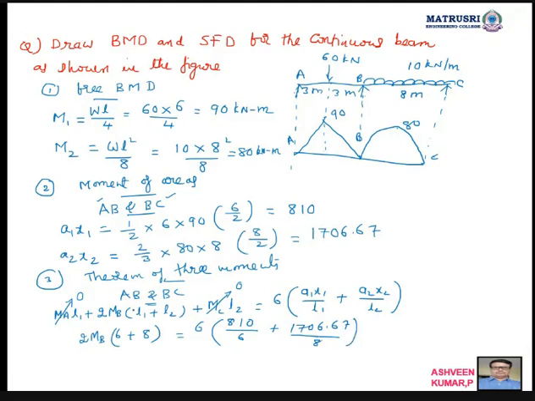If you do the calculations here, the only unknown is MB. You will get MB is equal to 74.64 kilonewton meter.